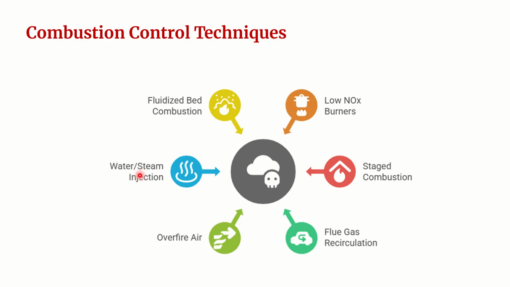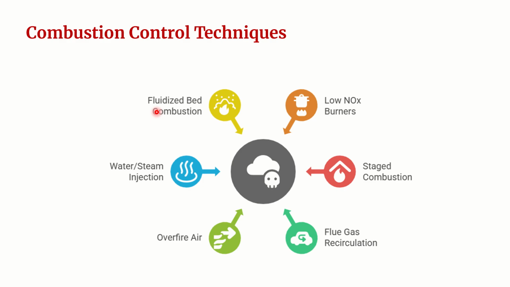Water or steam injection. Injecting water or steam into the combustion zone cools the flame temperature, which is effective in reducing thermal nitrogen oxide, especially in gas turbines. Fluidized bed combustion. Fuel is combusted in a bed of inert materials like sand or limestone, suspended by jets of air.